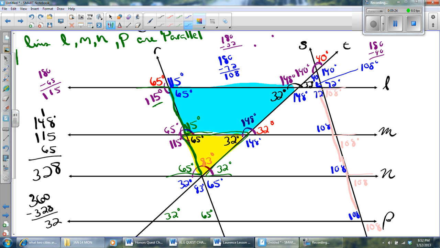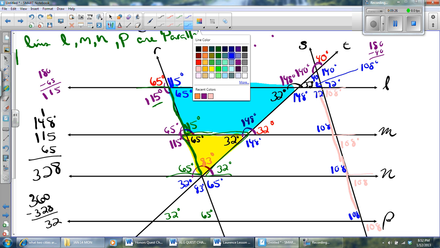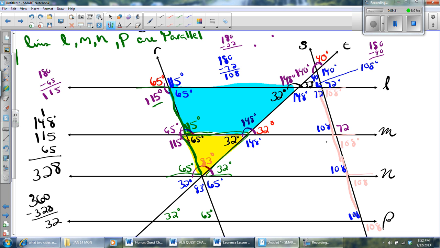Okay, going to supplementary angles. And again, there's lots of different ways to do these. This must be 72, 72, 72, 72, 72, and 72. Okay, supplementary here. Looks like I'm going to get a 115, I believe. Yeah.